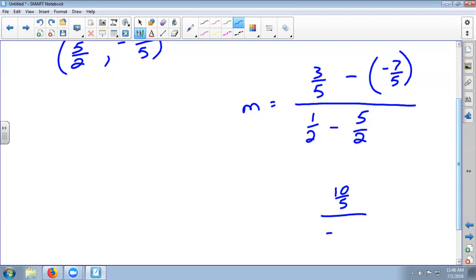Negative 4/2. Okay. What is 10/5? What is negative 4/2? Slope. Hey, slope turned out to be -1. Great.